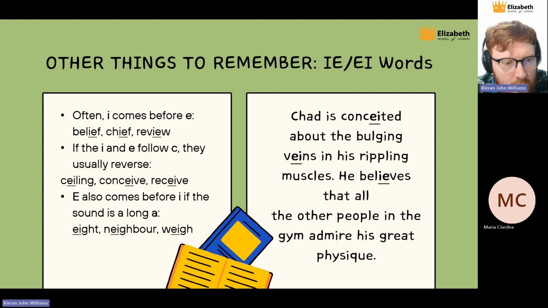Also, here for veins, it is EI because it has that A sound, vein, A. So if we have the A sound, it needs to be with EI. But in all other situations, it needs to be IE, and that fits the general rule here at the top. Okay, any questions?